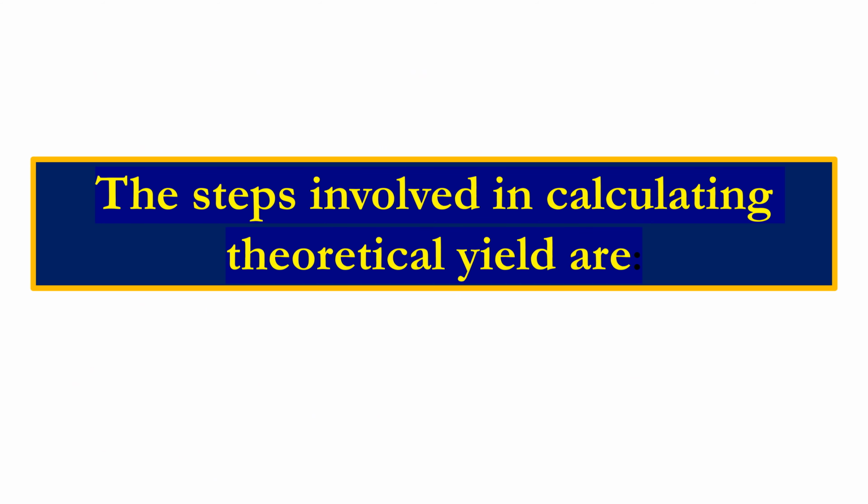Okay, in summary, the steps that are involved in calculating theoretical yield are: step 1, you calculate the number of moles of each of the reactants. Step 2, you calculate the number of moles using the balanced chemical equation, and also using the moles calculated in step 1. Step 3, the smaller mole from step 2 is the limiting reagent.